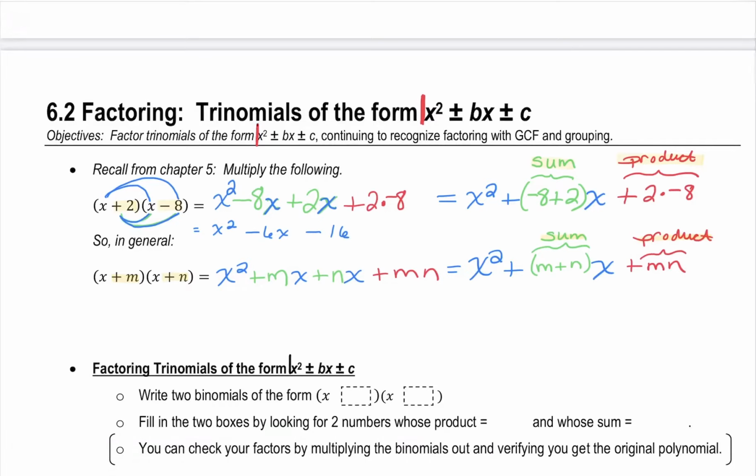Okay, so everything in this section is about factoring of the form 1x squared, and then plus the x term and plus the constant. So when we have something of that form, we know the only way to get back to the x squared is to start with the x and the x.